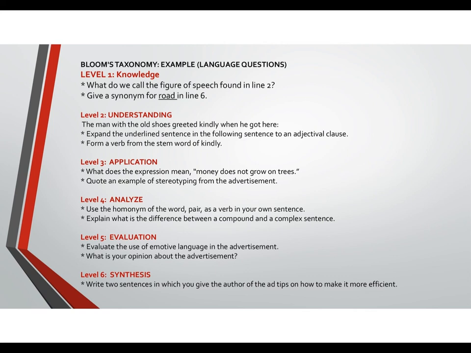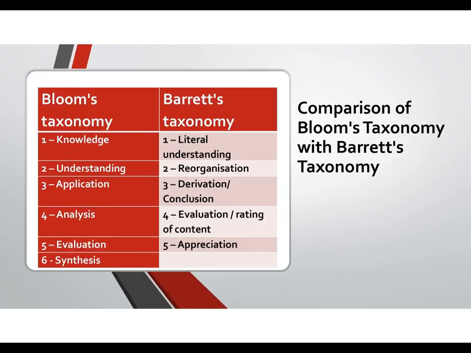Level 6, synthesis. Write 2 sentences in which you give the author of the ad tips on how to make it more efficient. Bloom's taxonomy and Barrett's taxonomy are compared here. Number 1, knowledge and literal understanding.